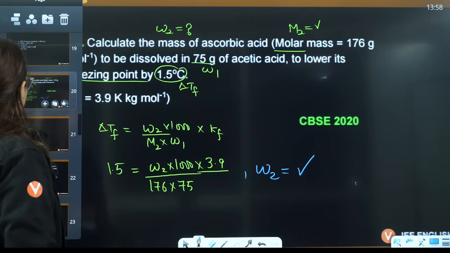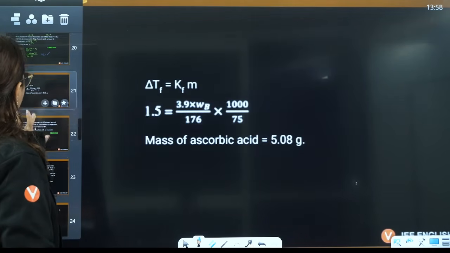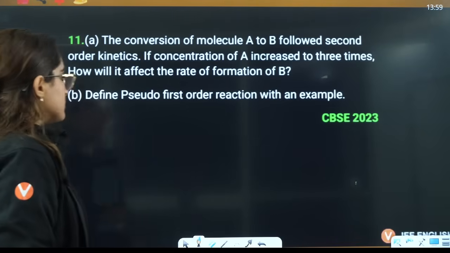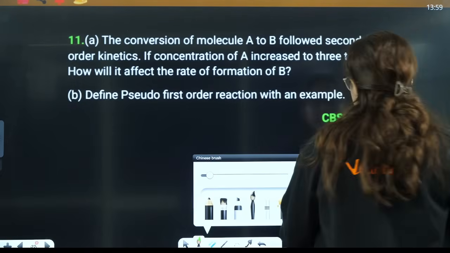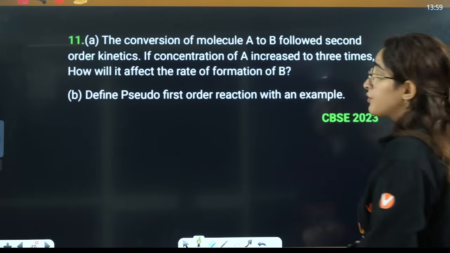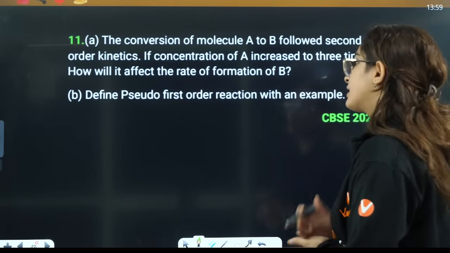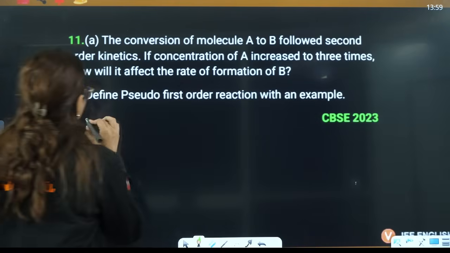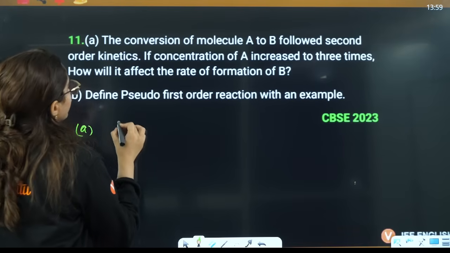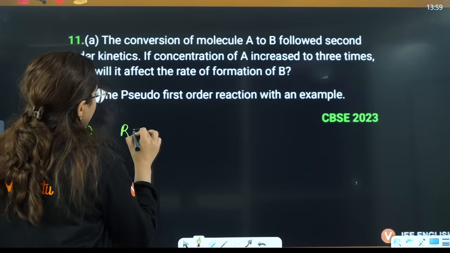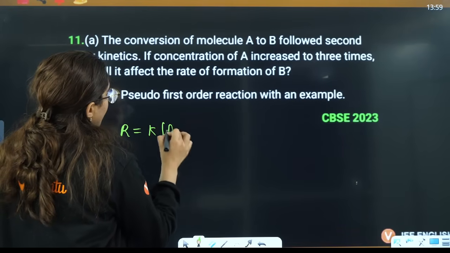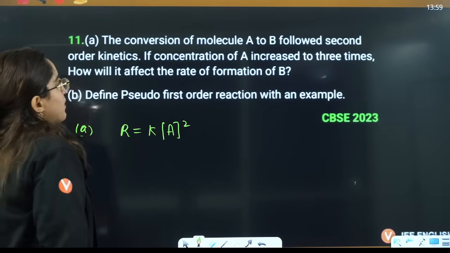Understood? Okay. So that's how you get your answer. Next question is the conversion of A to B followed by second order kinetics. So he is saying that the conversion of A to B follows second order kinetics, that is R is equal to K times the reactant raised to the power square.